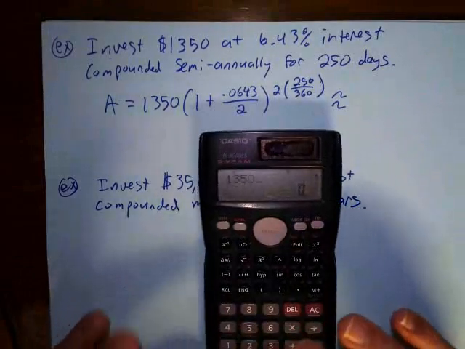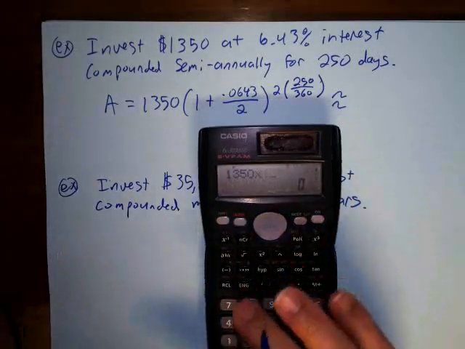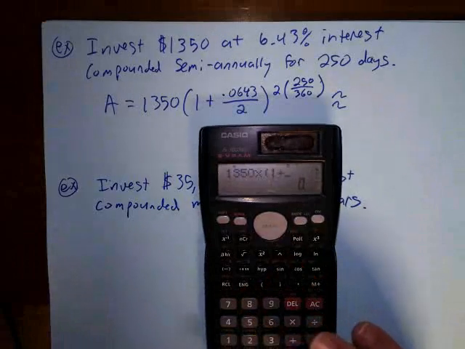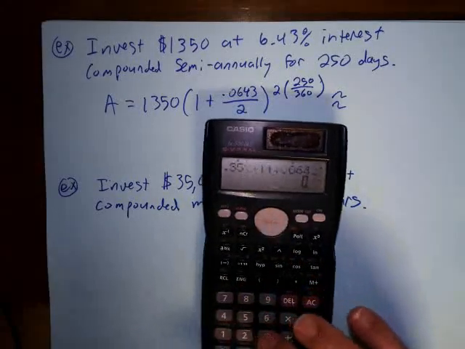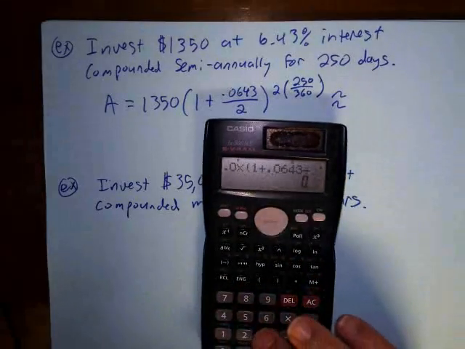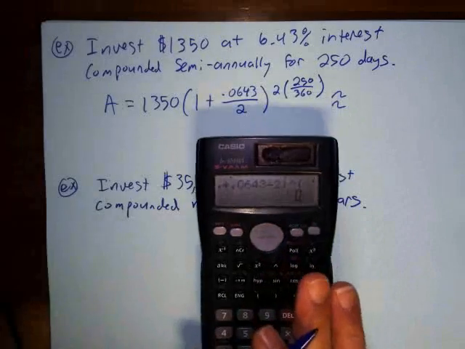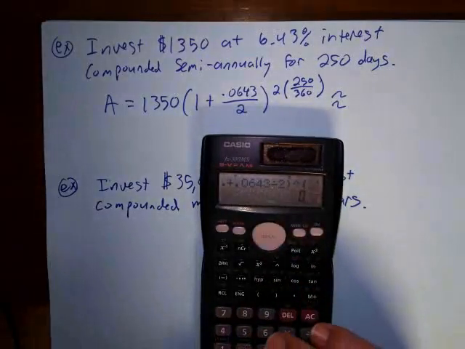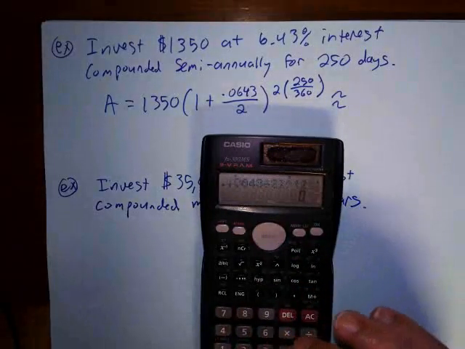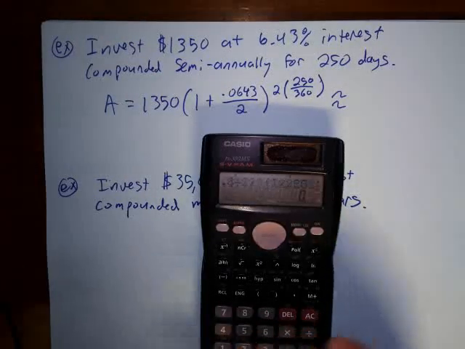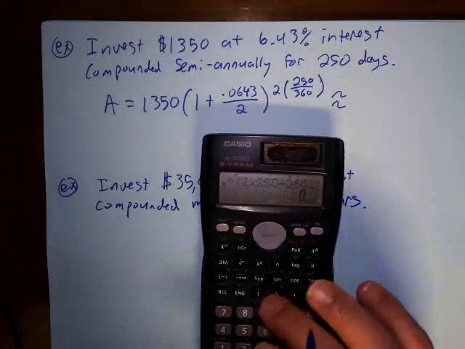So 1,350 times 1 plus 0.0643 divided by 2 raised to 2 times 250 divided by 360.